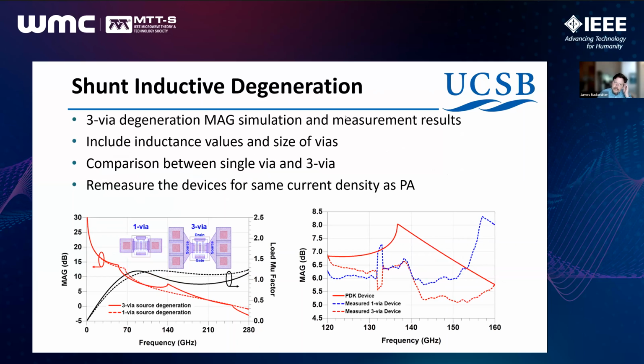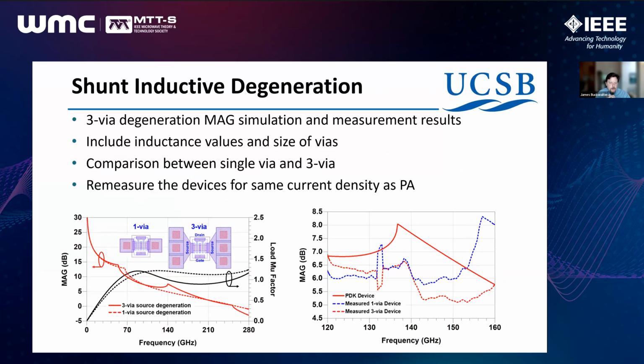We also ended up using, and this is separate work, the 3-via device that we had measured from the load pull to see how that behaved at 140 gigahertz. Again, we chose the 3-via device, as you saw before, because we understood it to have a higher Imax and therefore higher power density.